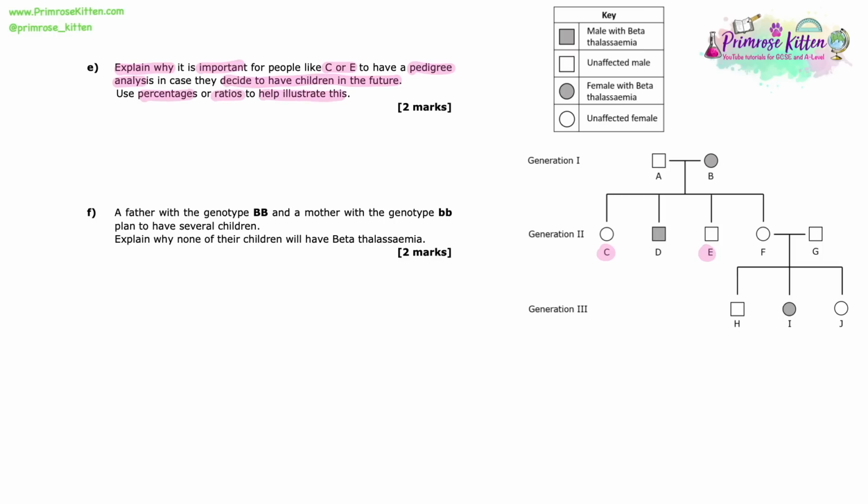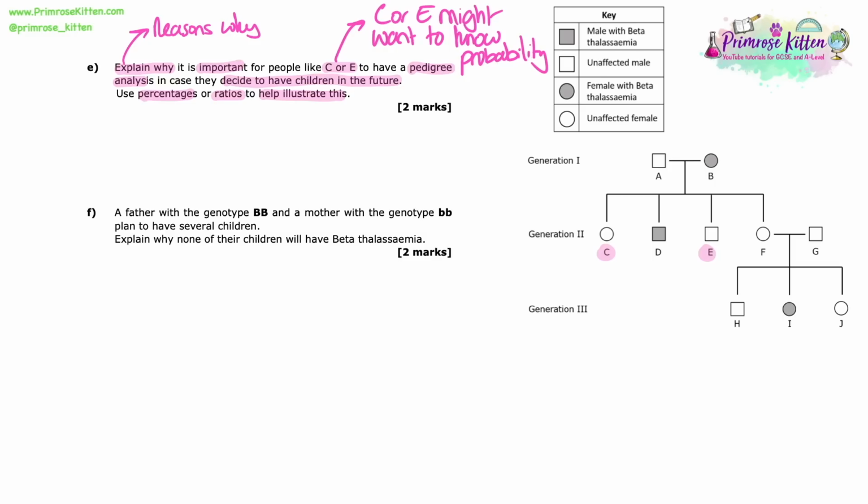So we're going to need to explain what the percentage chance might be of them passing it on depending on what the analysis shows. So why is the reason why they like to have a pedigree analysis? It's because obviously they might be able to pass on the recessive allele. So they're going to want to know what the probability is of their offspring having the beta thalassemia allele.